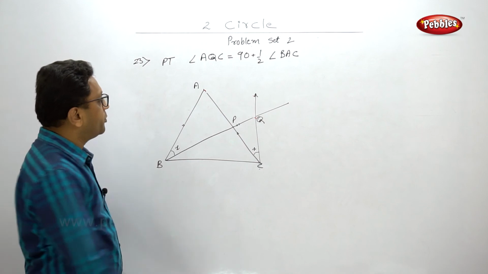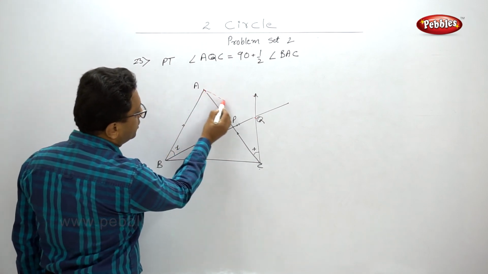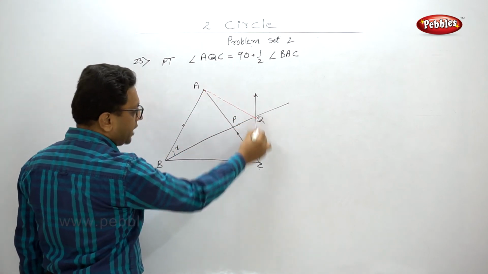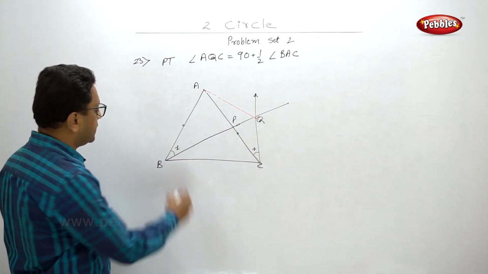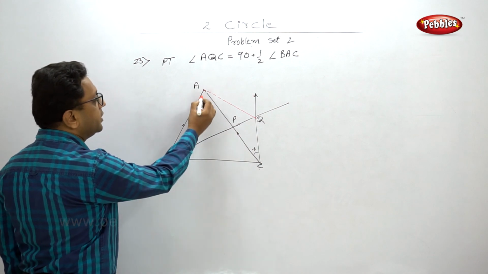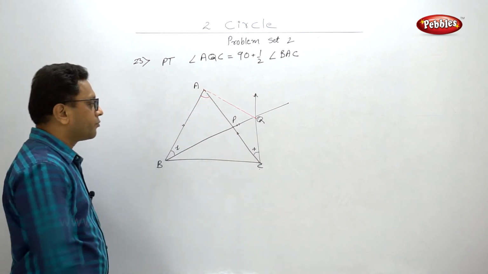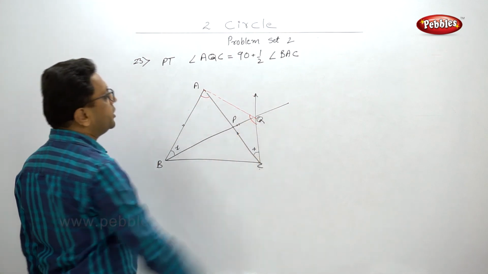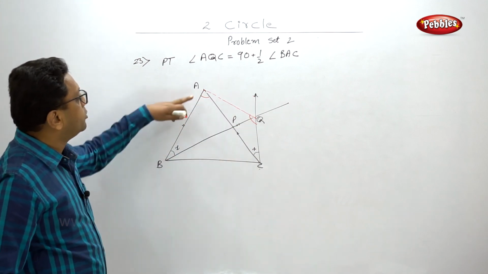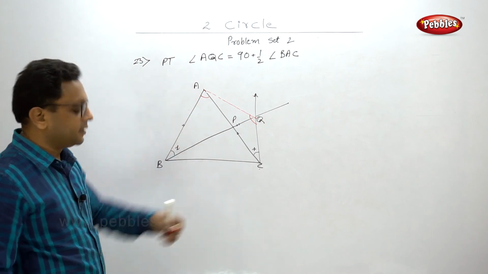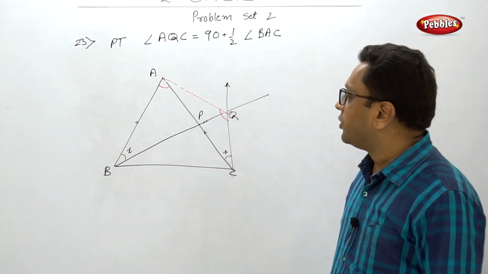So here we have to prove that this angle AQC is equal to 90 plus half of BAC, this angle. We are concerned with these two angles. Now just pay attention here.